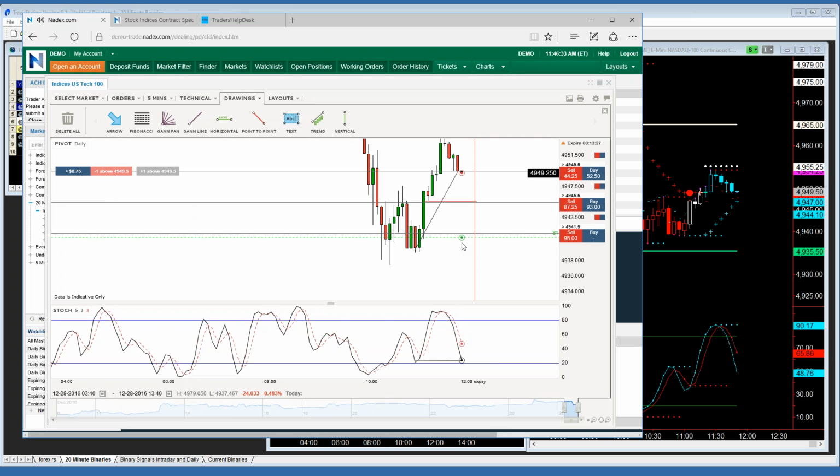Do y'all understand that? In other words, this bar needs to continue down. It does not need to give me grief. Now this is trade management, okay?